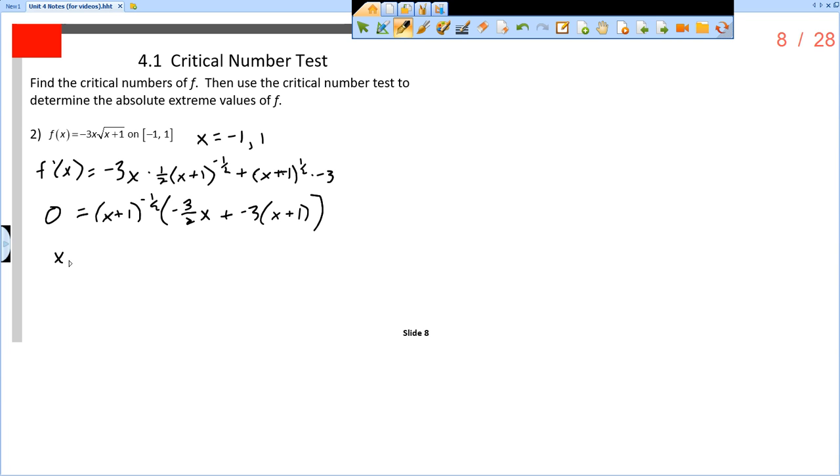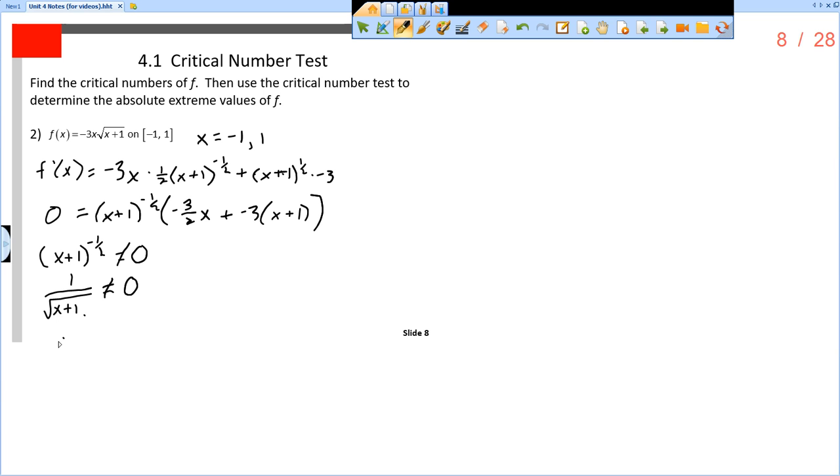We know that x plus 1 to the -1/2 can never be equal to 0, because this thing means 1 over the square root of x plus 1. And since the numerator is never equal to 0, this thing can't equal 0. But if the denominator were equal to 0, then this thing would be undefined. So x plus 1 could equal 0 at x equals -1, but x can also not be anything less than -1, because if you plugged in -2, this thing would be undefined.